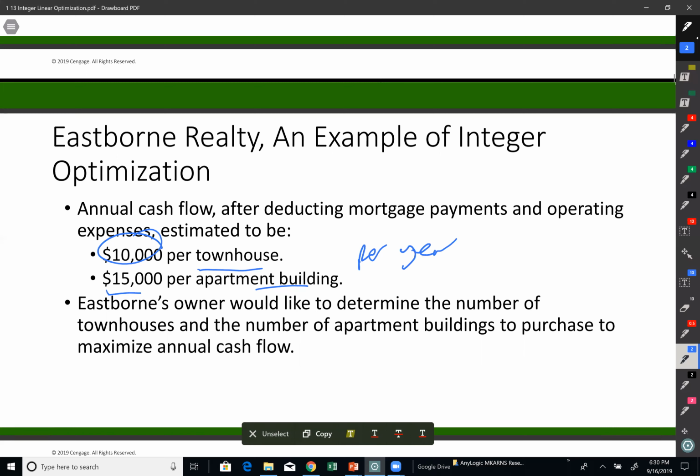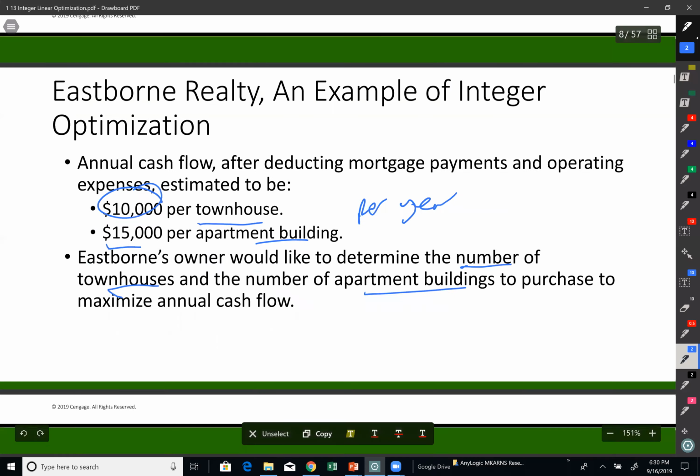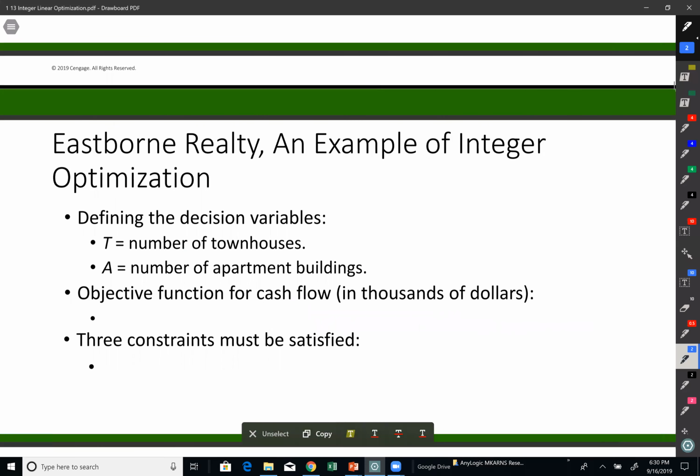Now, as an owner, we would like to decide how many townhouses and how many apartment buildings we should purchase. That's the decision that we would like to make. So let's define our decision variables. We define 2 decision variables, T and A. T is the number of townhouses purchased. A is the number of apartment buildings.